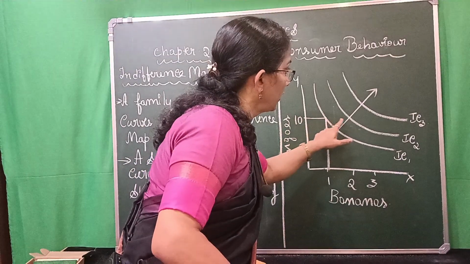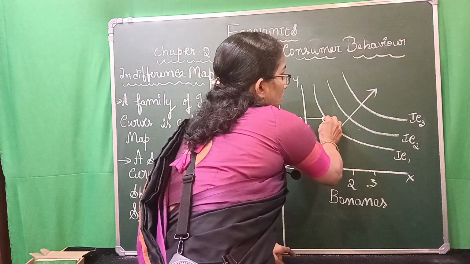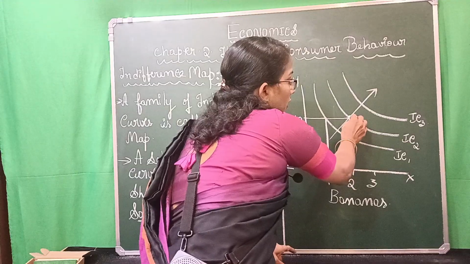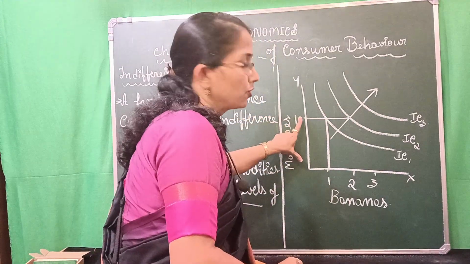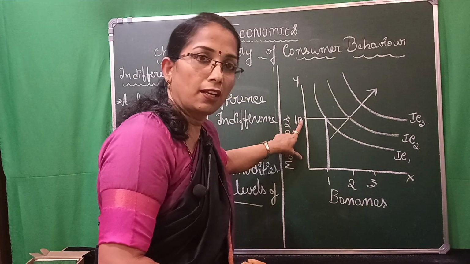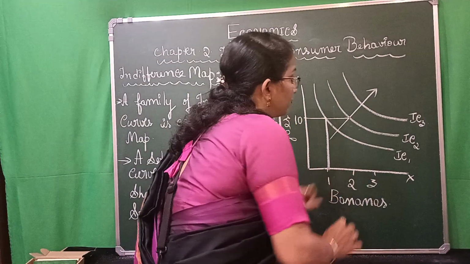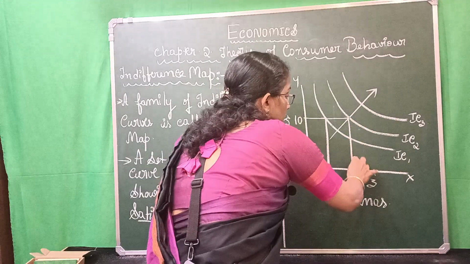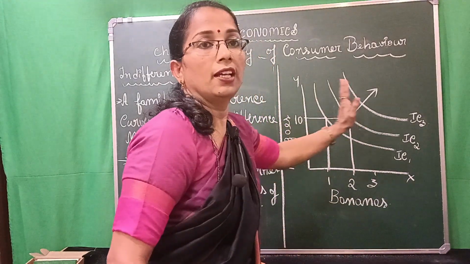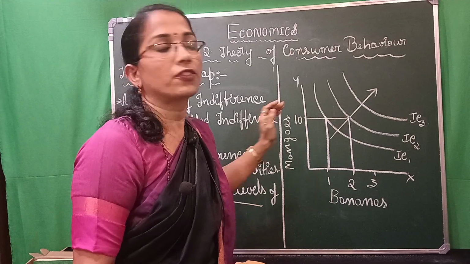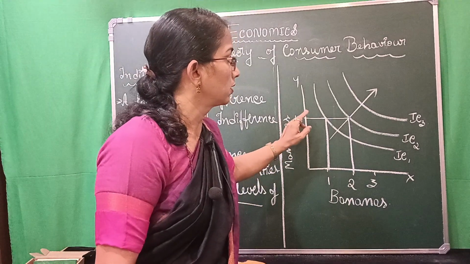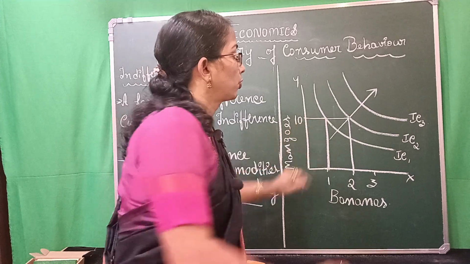If he is at the same point on the next indifference curve, that shows he is consuming only 10 mangoes, but the number of bananas is more, meaning he is getting a higher level of satisfaction.